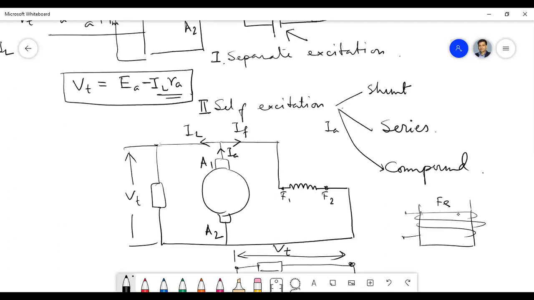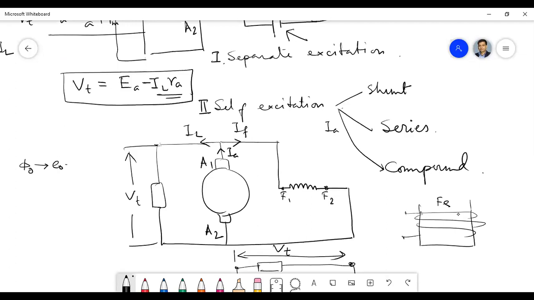Okay, so if that is generated initially, and that is cumulatively added with the other field current, that means suppose initially we have some residual flux phi 0. Now in this phi 0, if your conductor rotates, then you will get some voltage E0.